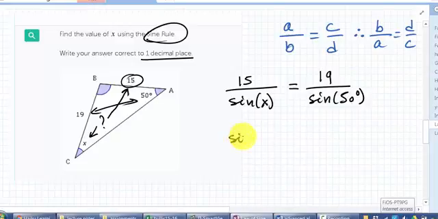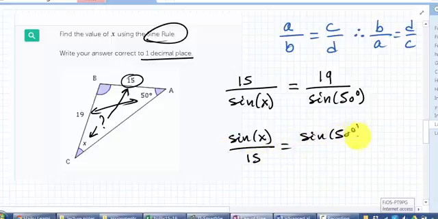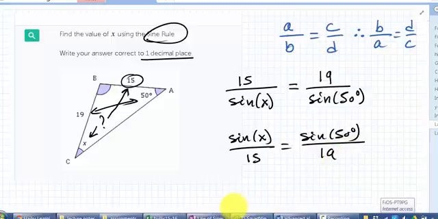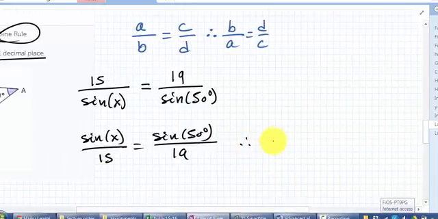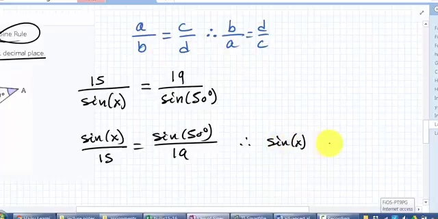So I'm going to write sine x over 15 equals sine 50 degrees over 19, and I could have started there, and therefore I multiply both sides by the 15 right here, and I have sine x equals sine 50 degrees times 15 divided by 19.